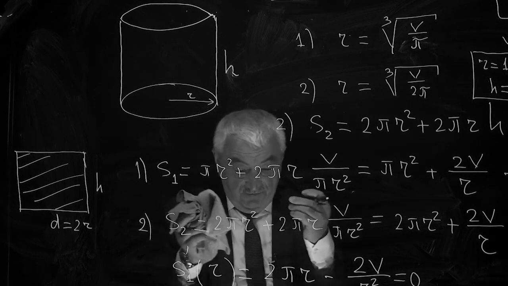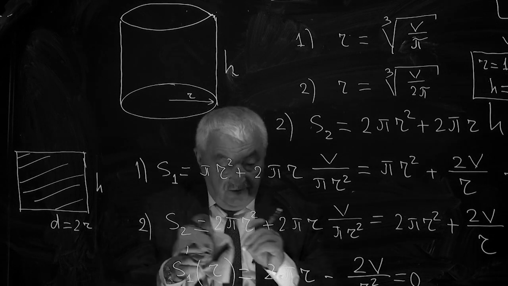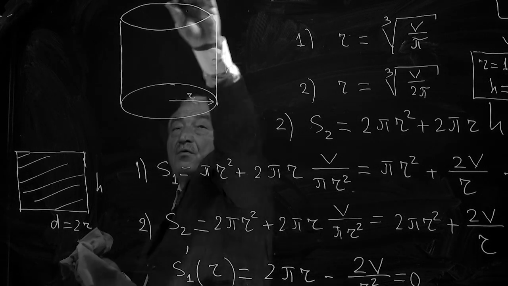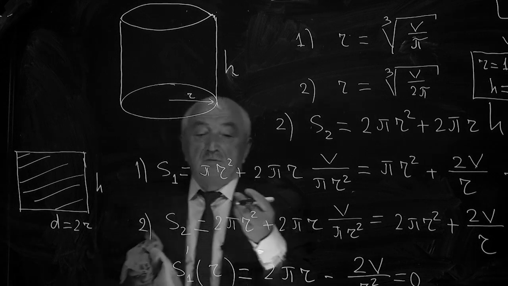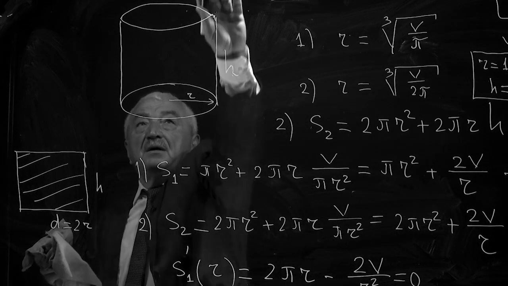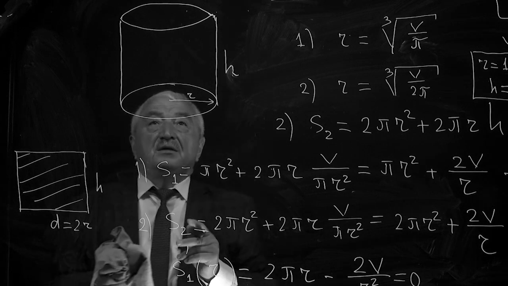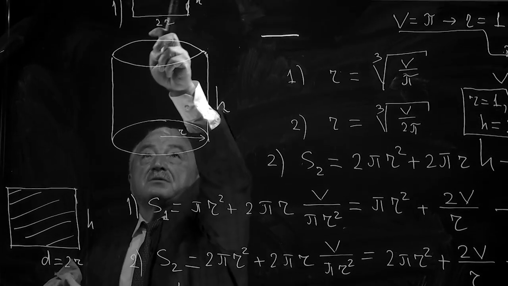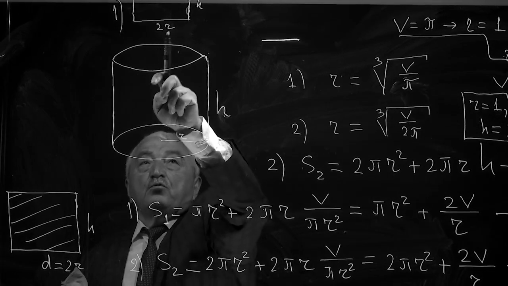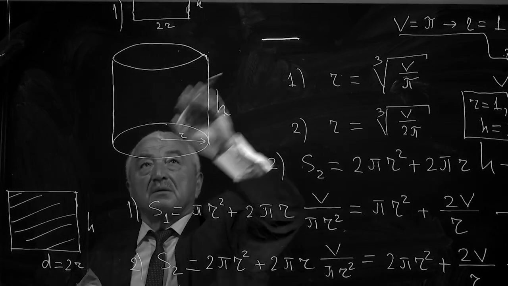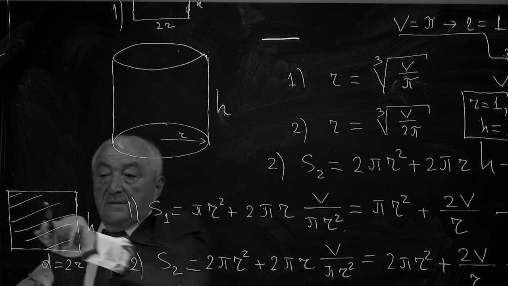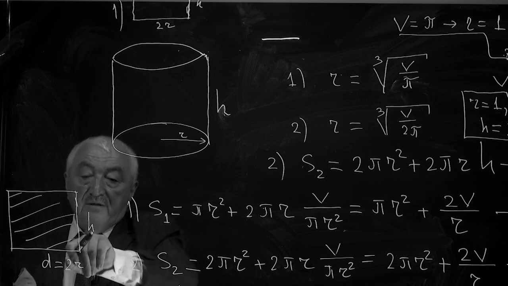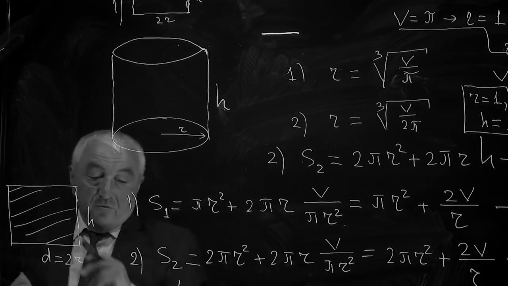If we give a given volume, it is necessary to find the relations, what kind of form, when we use the minimum value of materials for creating such a cylindrical construction. Without the upper surface, 2R and H is the optimal construction. In the case with the upper surface, the diameter and H being equal is also the optimal construction.